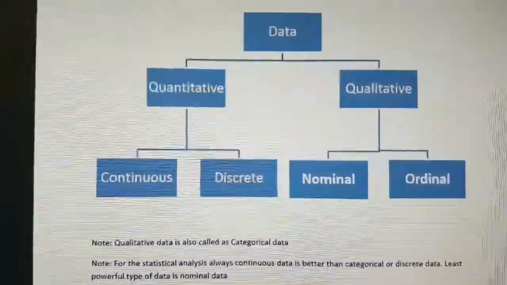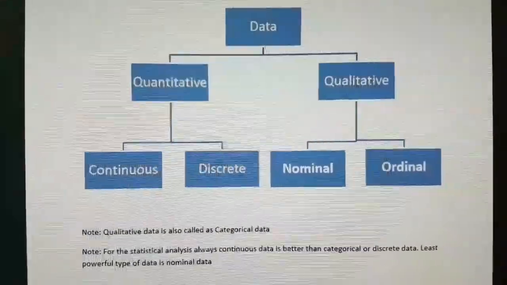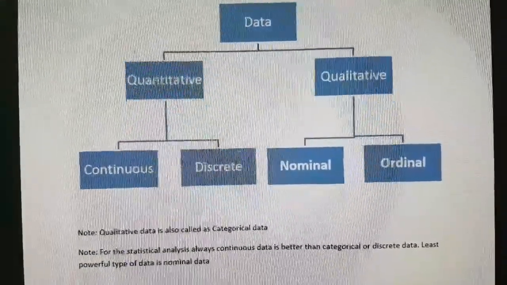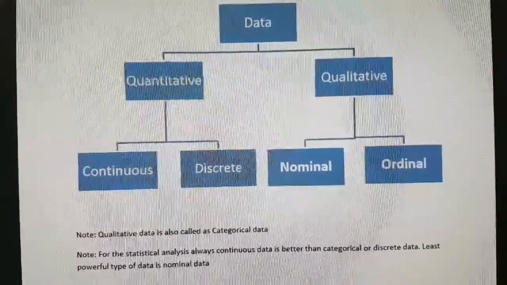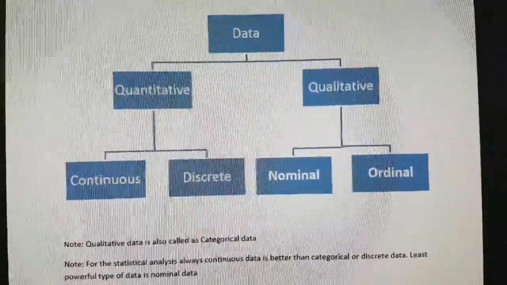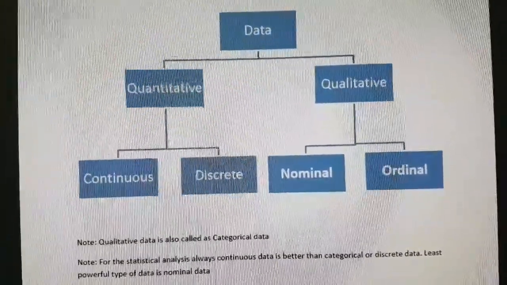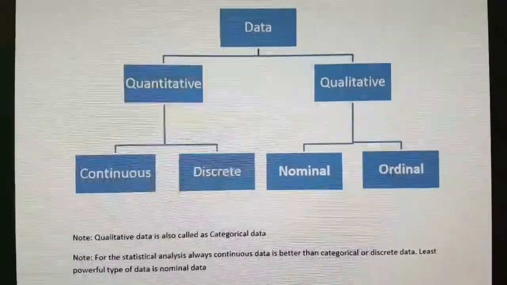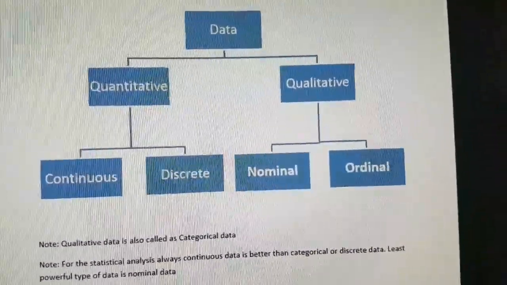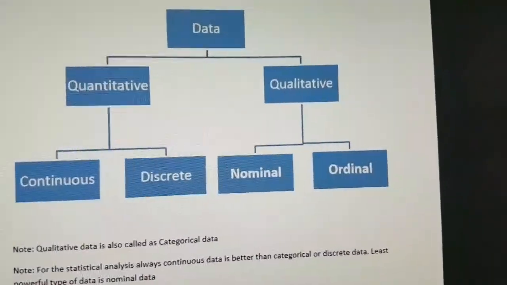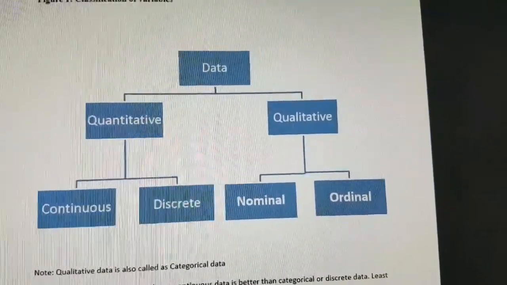Examples for measurable data: for example, patient height, measurable. BMI comes under measurable data. Weight of a particular patient, measurable. So all measurable data comes under continuous. Whereas discrete is just the number of items, countable terms.